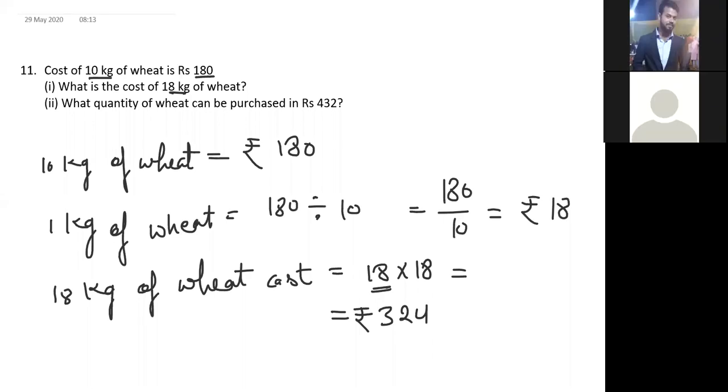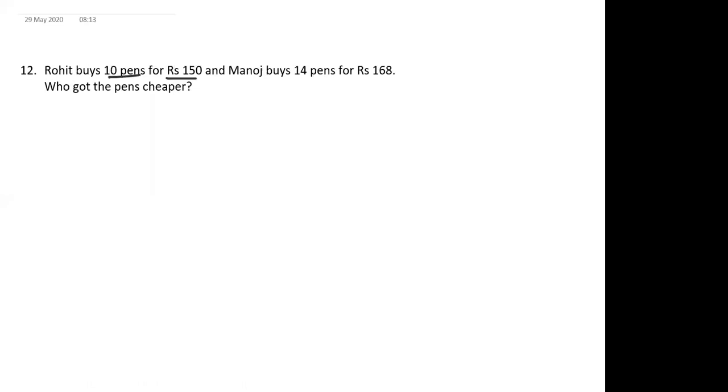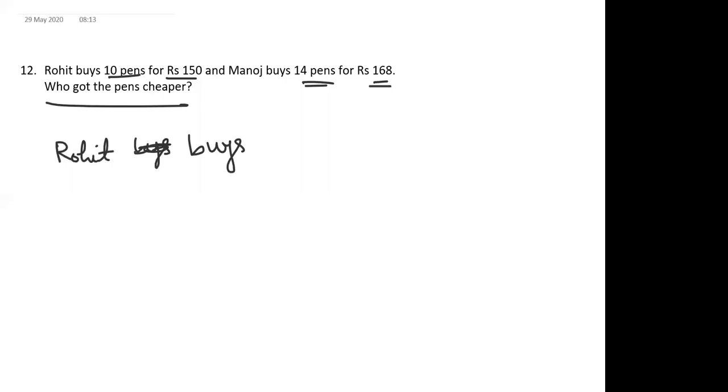Okay. Now let us do the next question, which says: Rohit buys 10 pens for rupees 120 and Manoj buys 14 pens for rupees 168. Who got the pens cheaper? Okay, so Rohit buys 10 pens for rupees 150.